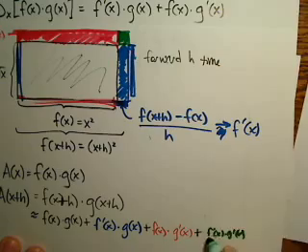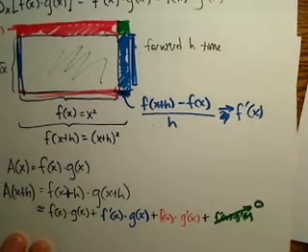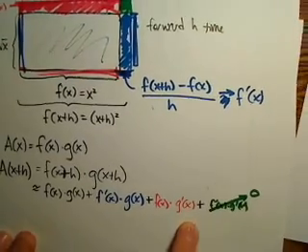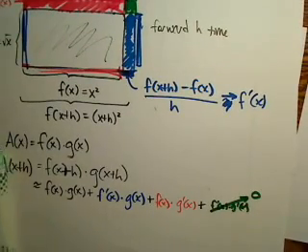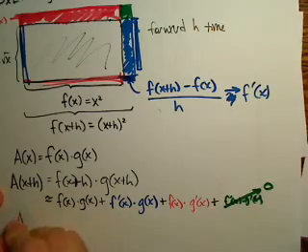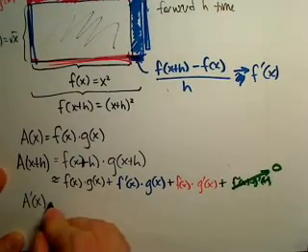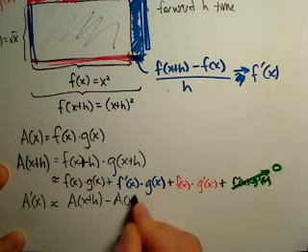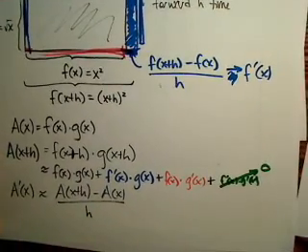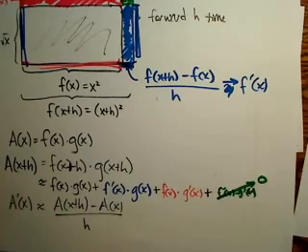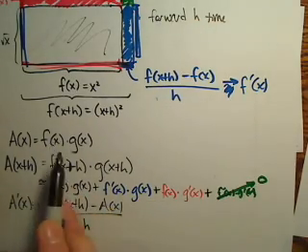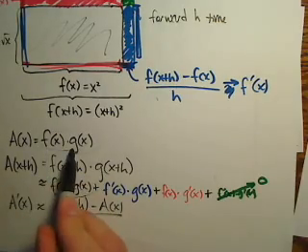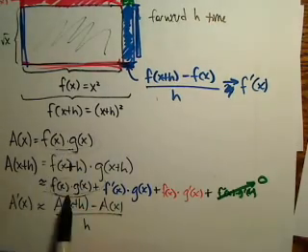I'm in good company. This bit goes to 0 as h goes to 0 much faster than the rest of this stuff does. And so when it comes time to do a prime of x, which is a of x plus h minus a of x all divided by h, well, when I compare a of x plus h to a of x, I get these two terms that would subtract to 0.